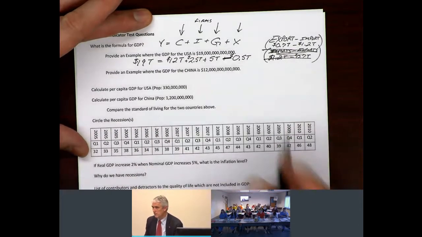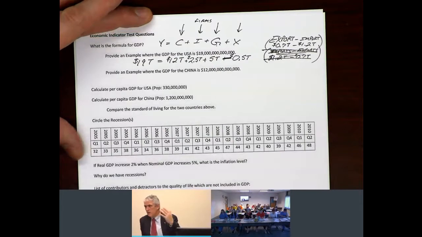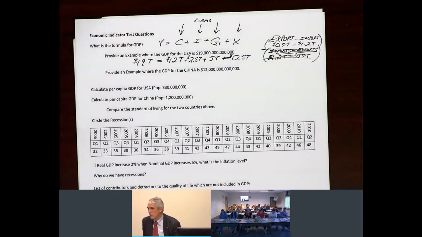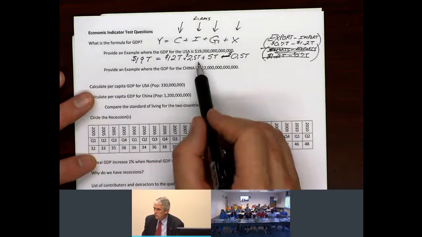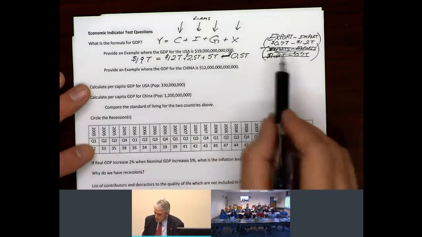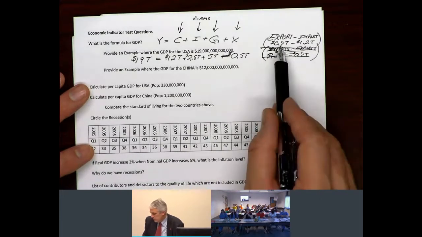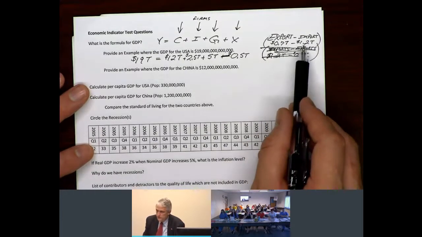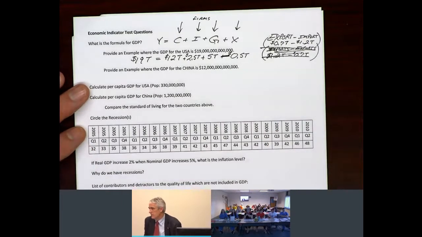It might be a word problem saying something like, given a year where the GDP is 19 trillion, consumption is 12 trillion, and investment is 2.5 trillion, and where exports are equal to 0.7 trillion or 700 billion, and imports are 1.2 trillion, what is the amount of government spending?